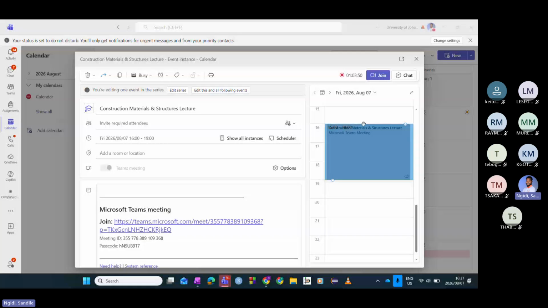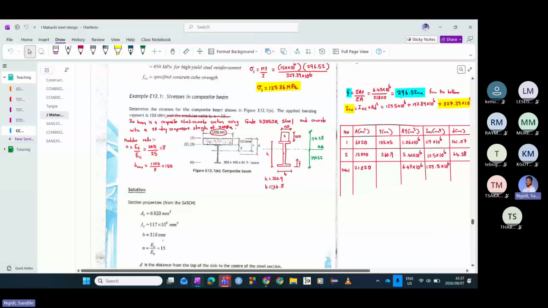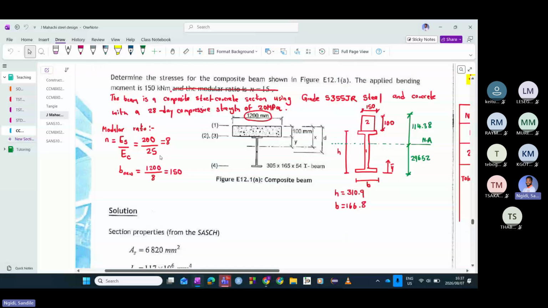If you were to recall, the question here, if we can just read the statement, said: determine the bending stresses for the composite beam shown in this figure. The beam is a composite steel-concrete section, and we introduced a grade there.